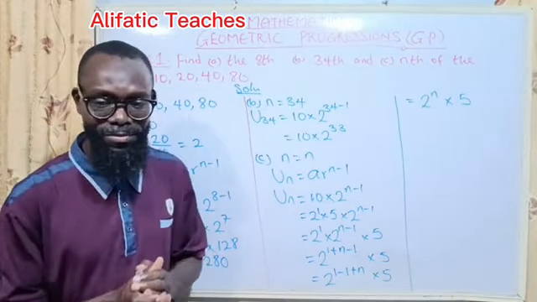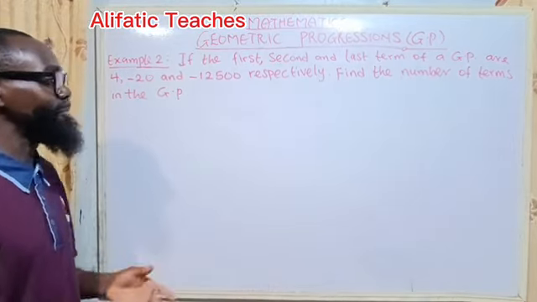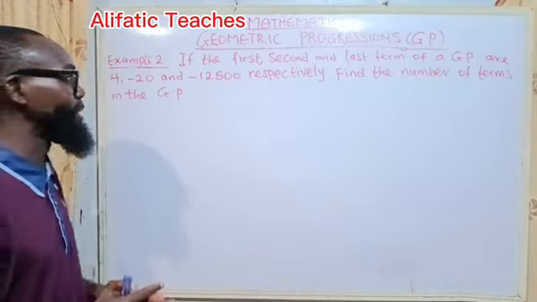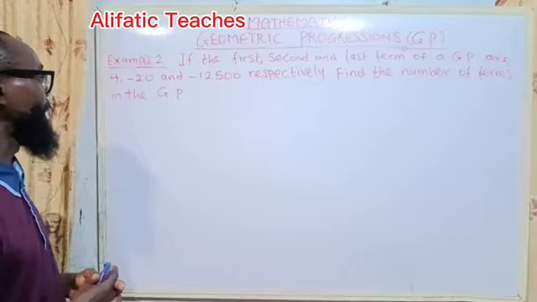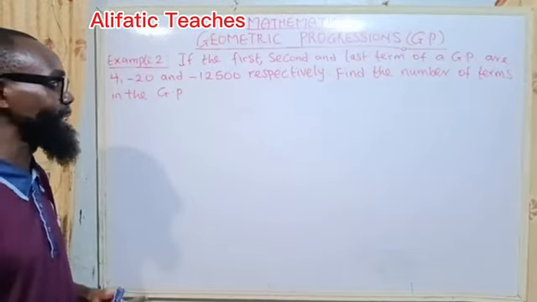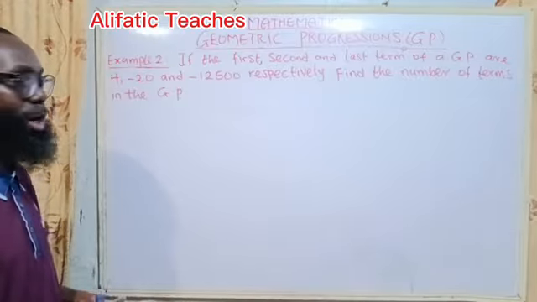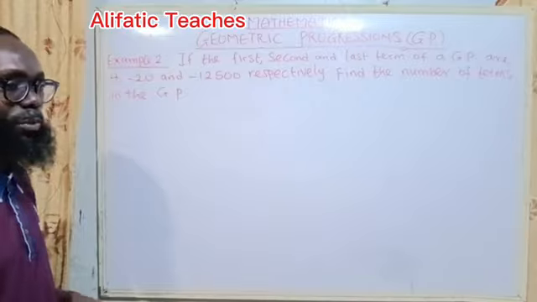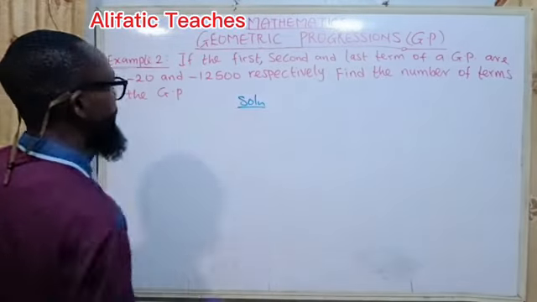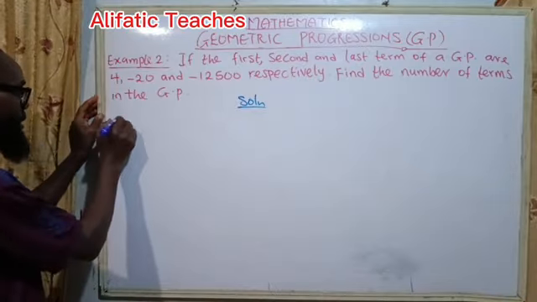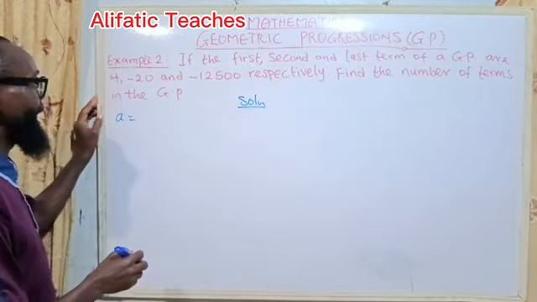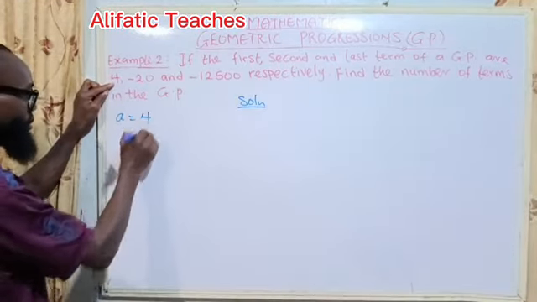So let's move on. Example 2. If the first, second, and last term of a GP are 4, minus 20 and minus 12,500 respectively, find the number of terms in the GP. Let's interpret this. The first term, a, is 4.